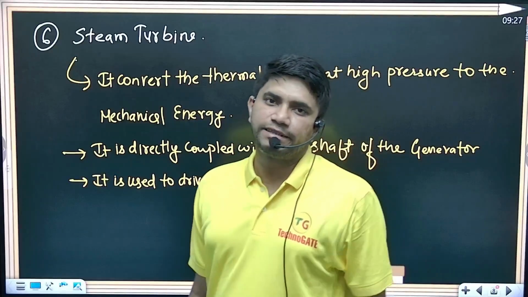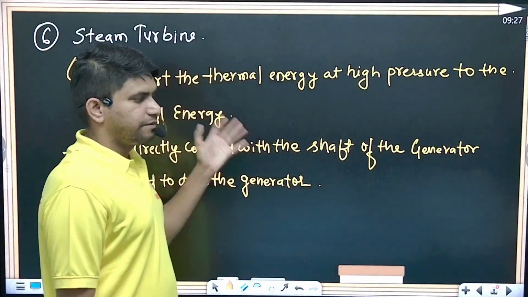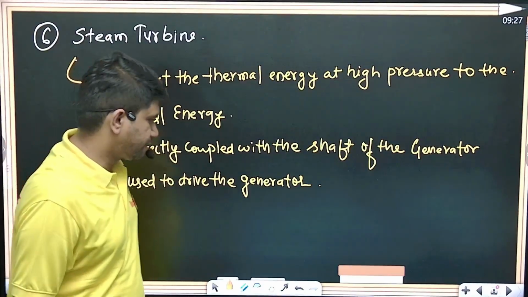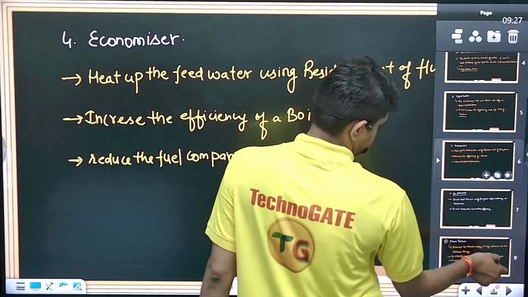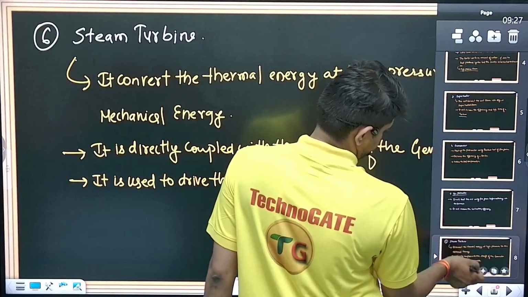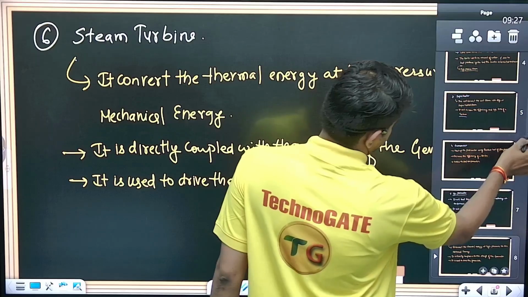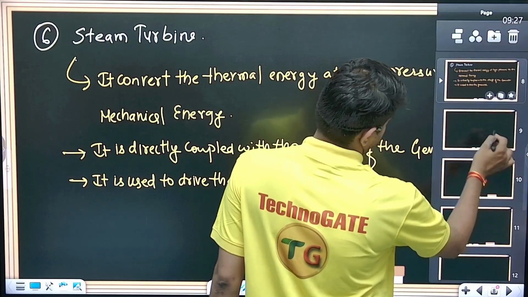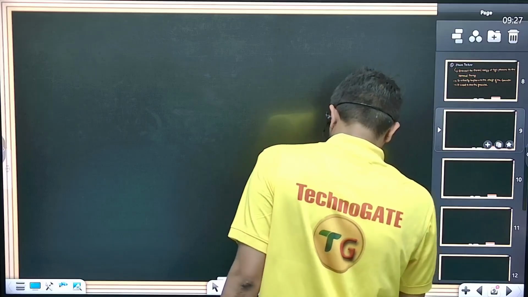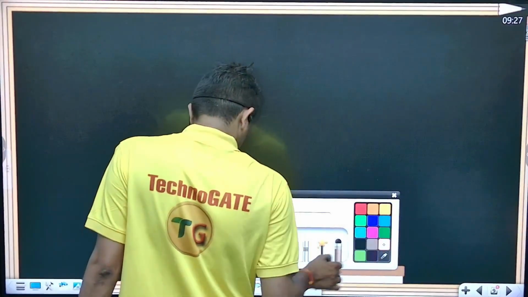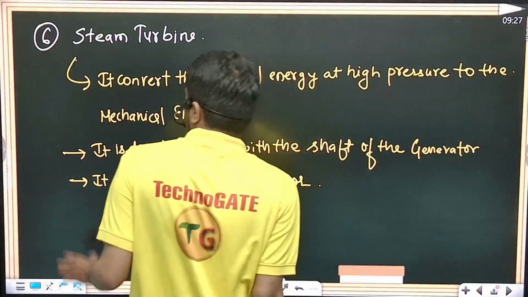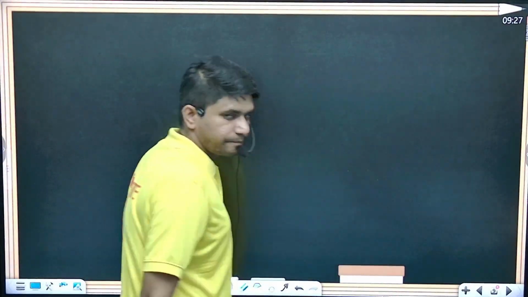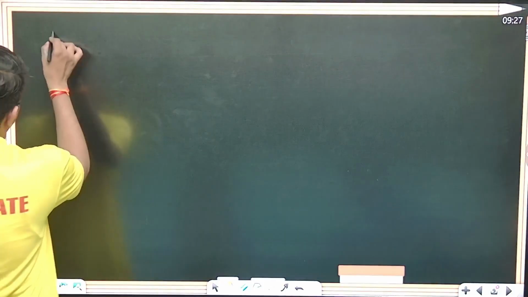Please tell me this point is clear or not. It is very basic. Turbine. Next. Number 6 we have completed, right? Next one, number 7.